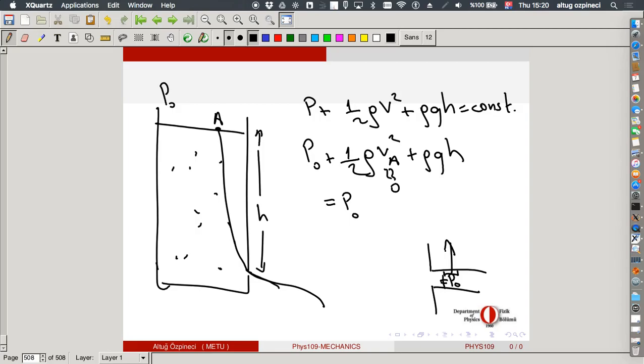Well, if this hole is not there, if we close that hole, the pressure is P0 plus rho g h. No, I mean, this hole changes the pressure. When you dig this hole, the pressure at this point will change.